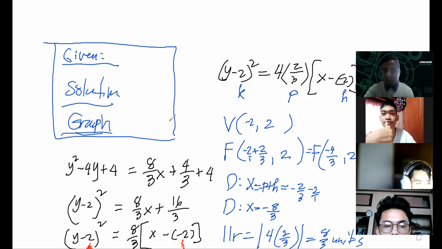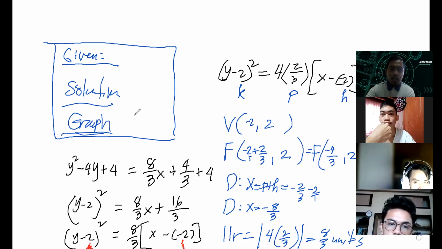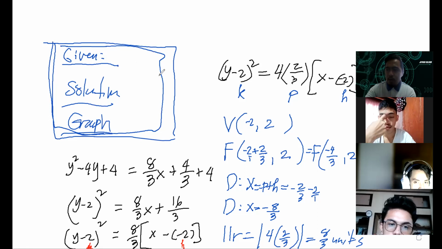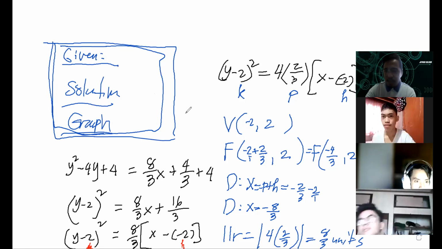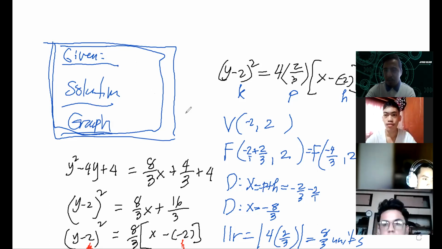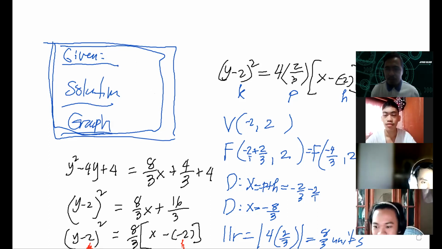You can use Desmos in checking. Make it on bond paper, then take a picture and share it on Facebook. I will tag you. That is your task today. Clear? Any questions before we go?